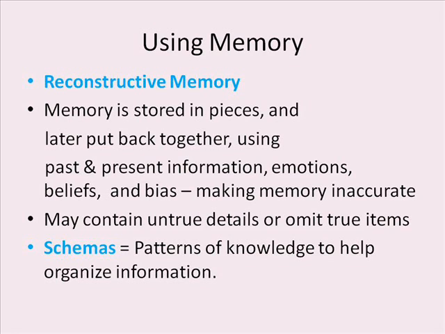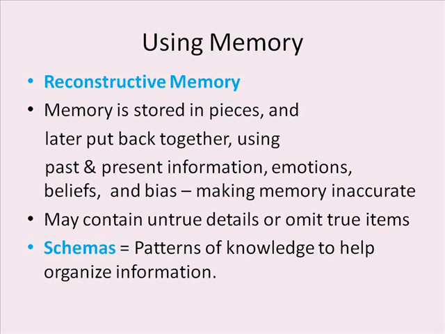Memories, as noted previously, are not stored as video recordings. Instead, schemas are used in order to organize information into your memory. A schema is a pattern of knowledge that is used to help organize the information. For example, most of you have a schema of what's supposed to occur at a birthday party.